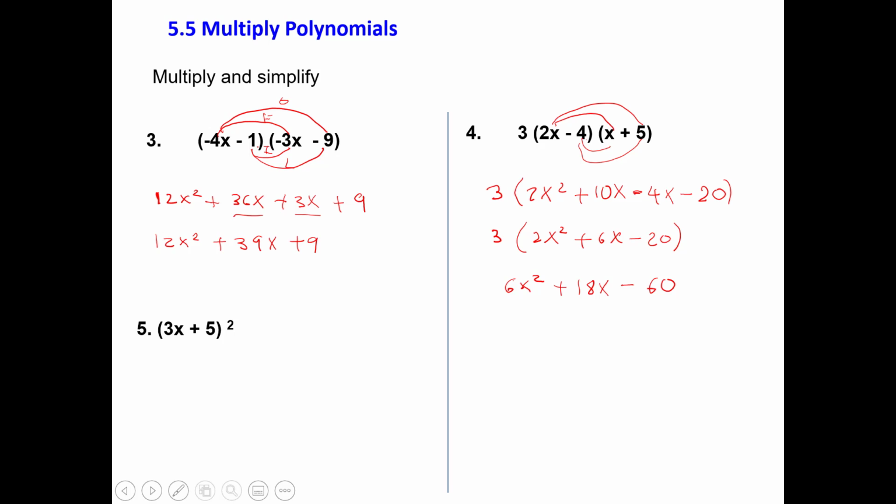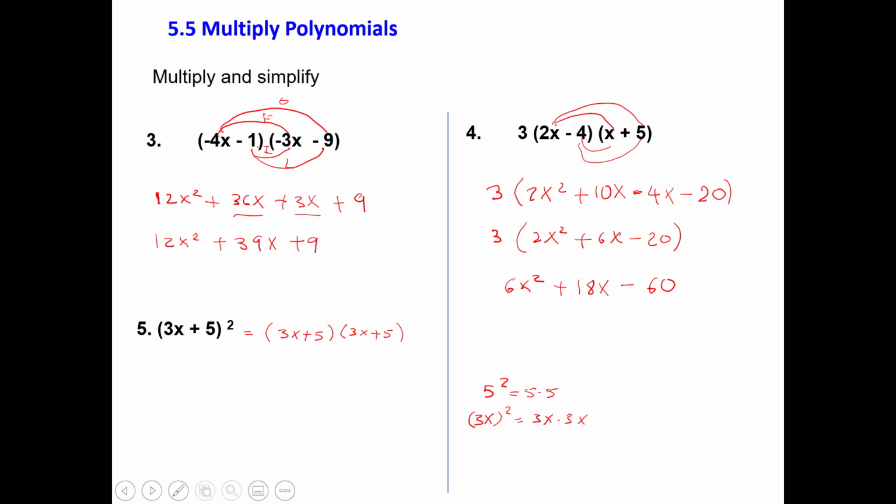In the same way, let me write here, if we have 5 to the second, it is 5 times 5. We have 3x to the second, which is 3x times 3x. Then if we have 3x plus 5 to the second, we need to expand this like 3x plus 5 times 3x plus 5.